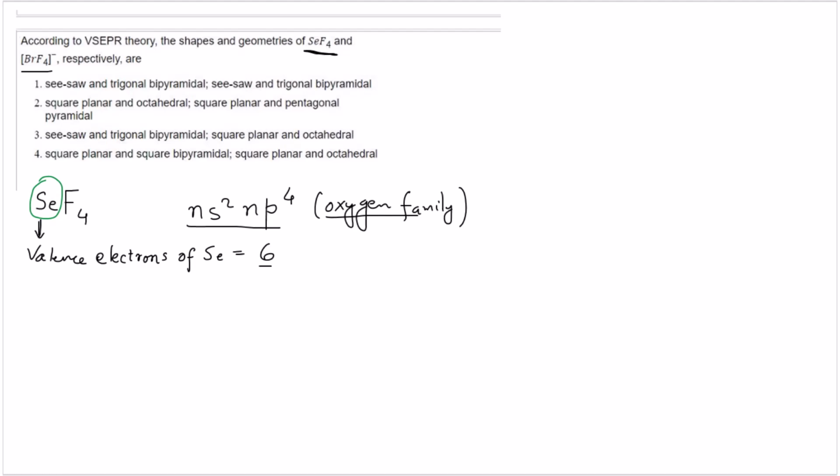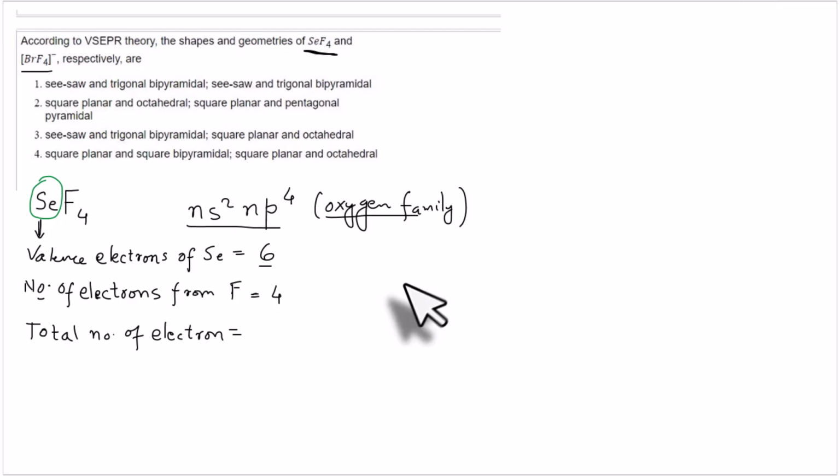So we have 4 fluorine atoms which are bonded to selenium. Then we calculate the total number of electrons, and that is 6 plus 4, so 6 plus 4 is equal to 10 electrons. And if we ask how many electron pairs, then we have to divide it by 2 and there will be 5 electron pairs.